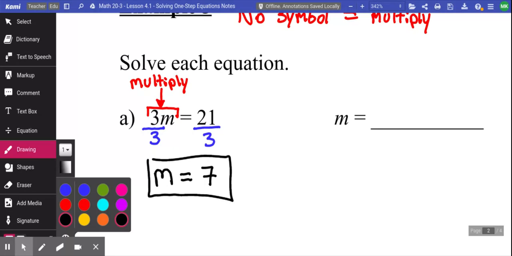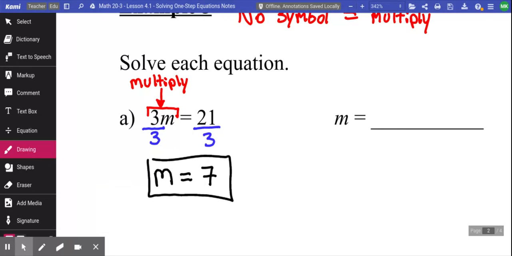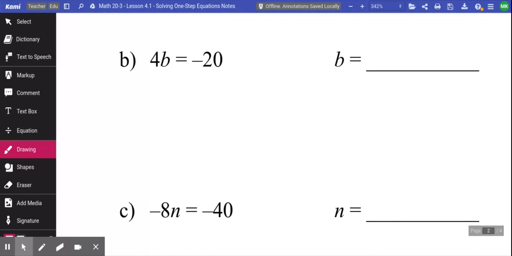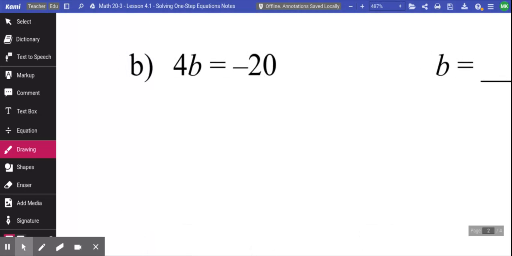So if you look at B, reading this means 4 multiplied by B. If we want to move that 4, the opposite of multiply is divide. So I need to divide that 4 to the other side. We divide it by making that like little fraction symbol, right?